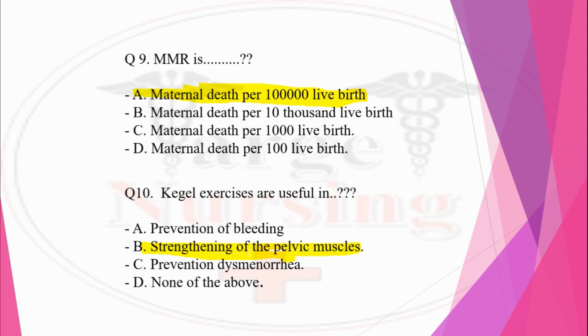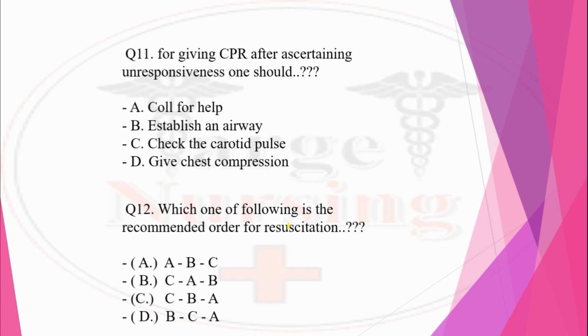It is important to find the right muscles to tighten: next time you have to urinate, start to go and then stop. First we pretend we are urinating and then hold it, because we have to strengthen our pelvic muscles. Okay, then move to the next question.